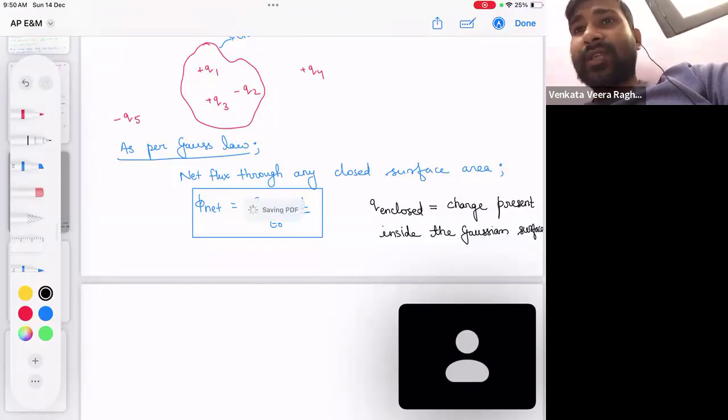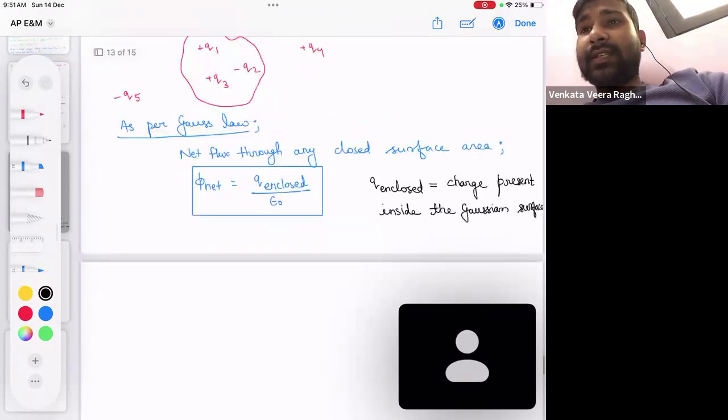Is that clear? So here, if I want to write the flux through this Gaussian surface, the flux will only come because of Q1, Q2, and Q3, right?